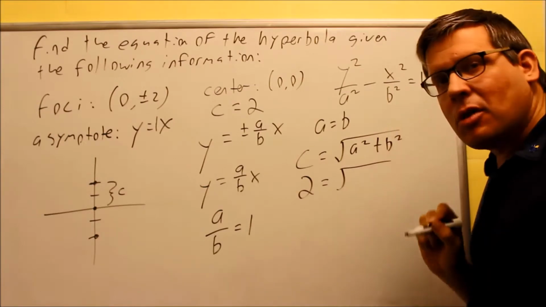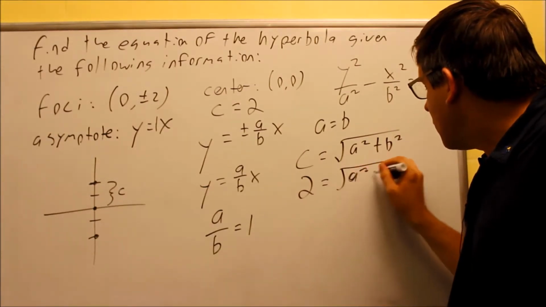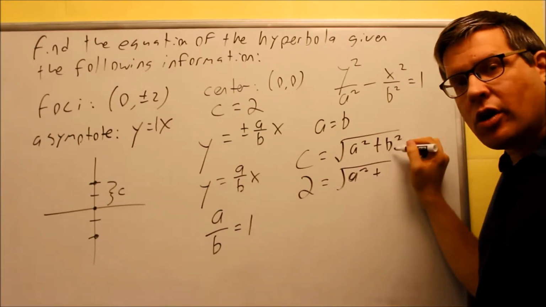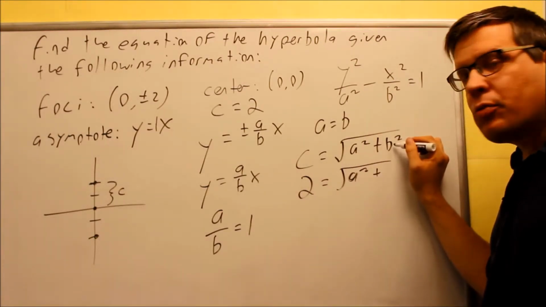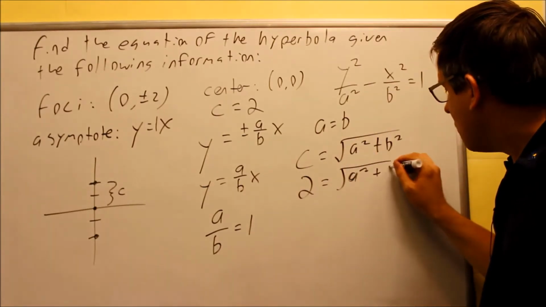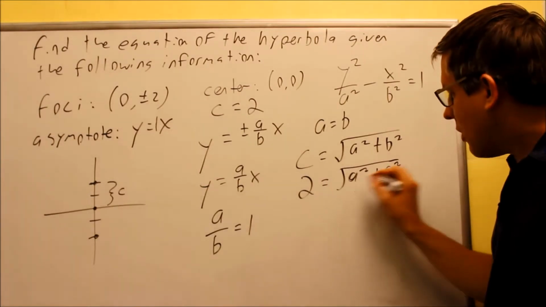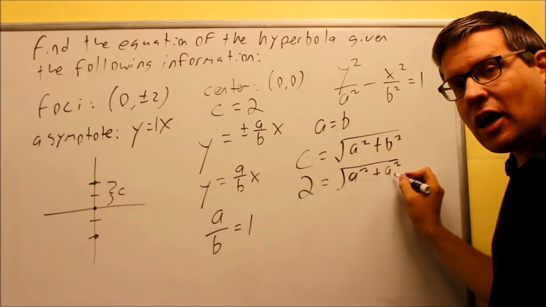What I'm going to do is make a substitution here. I have a squared plus, now instead of the b squared, I'm going to replace the b with a because they're both equal to each other. So if I do that, I get a squared and I get a squared here. By doing that substitution, now I have only one variable.